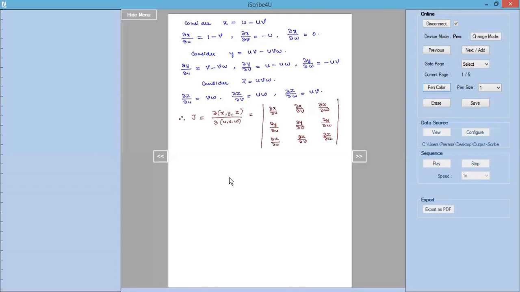Now let us expand this 3 cross 3 determinant, and before expanding, of course, we need to substitute the values that we obtained. 1 minus v, minus u, 0; v minus vw, u minus uw, minus uv; vw, uw, uv.